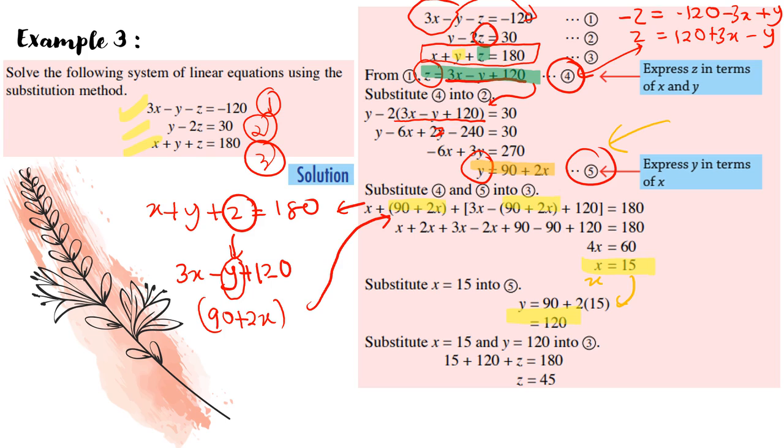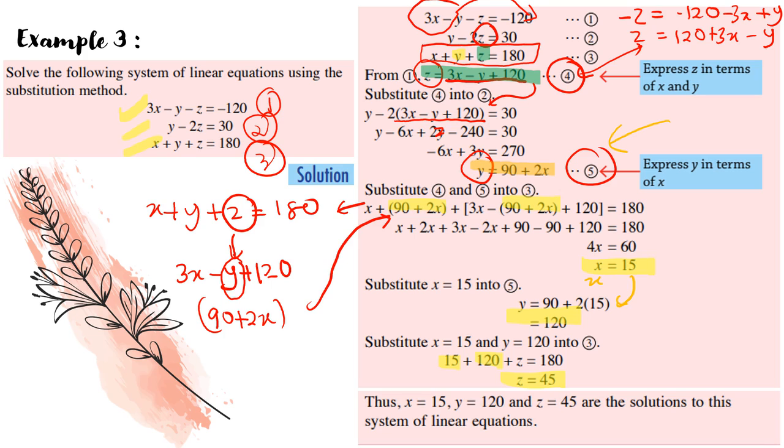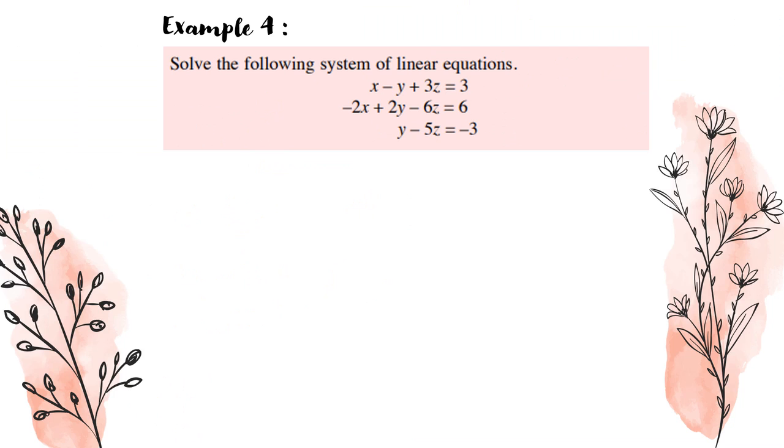So x is 15, y is 120, and z is unknown. Solving this, we get z is equal to 45. So x is equal to 15, y is equal to 120, and z is equal to 45 are the solution to this system of linear equations.